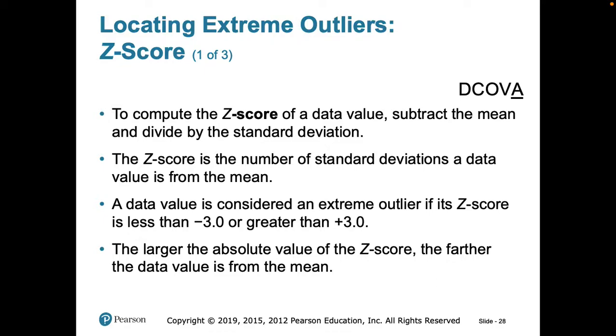And this z-score can help you find extreme outliers. You compute the z-score of a data value by subtracting the mean, and then you divide that by your standard deviation. The z-score is going to be the number of standard deviations of a data value from the mean. This is very important.